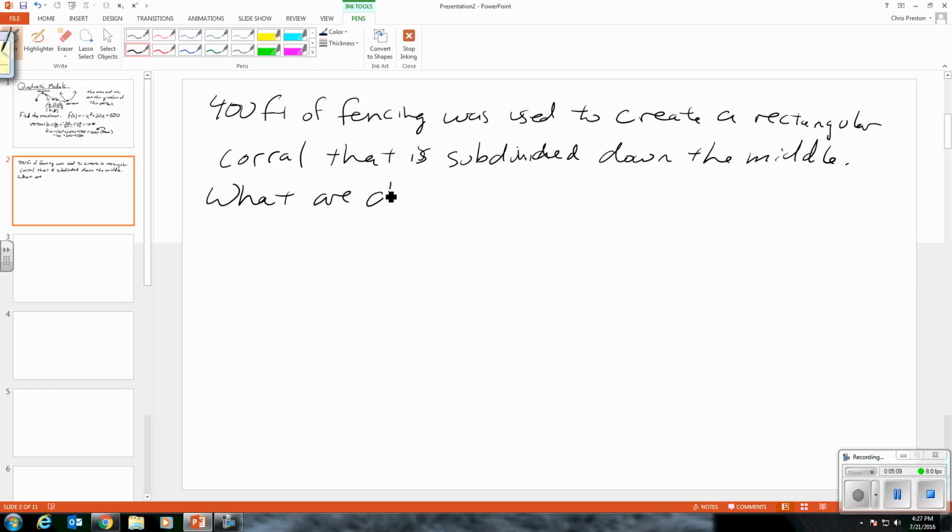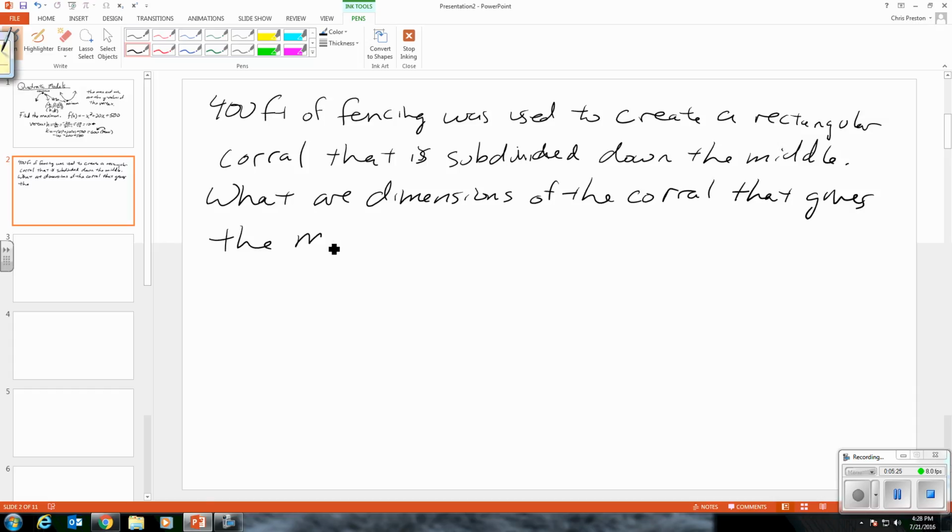What are the dimensions of the corral that gives the maximum area?